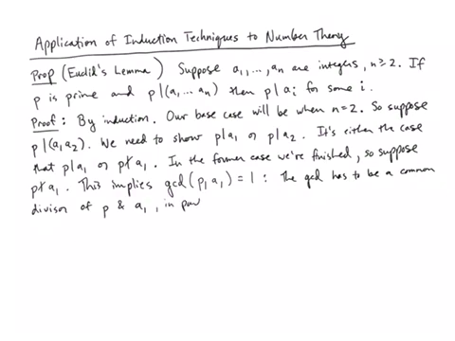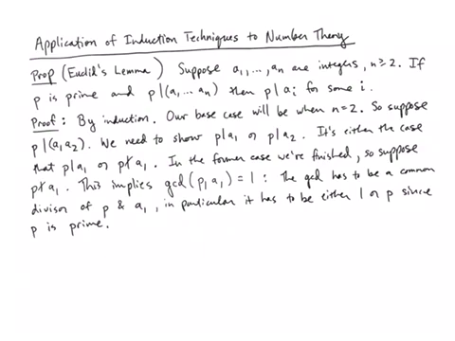In particular, it has to be either 1 or p, since p is prime. Okay, so the GCD has to be either 1 or p, right, because it's dividing p.